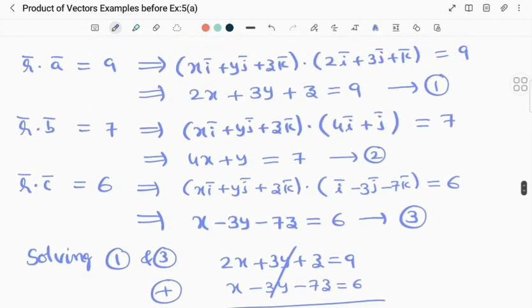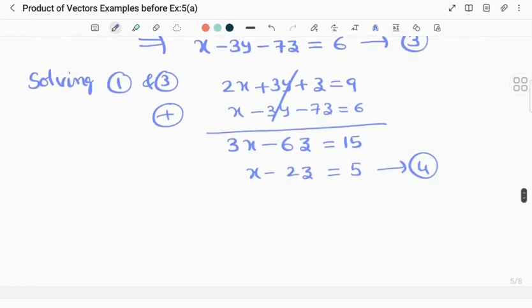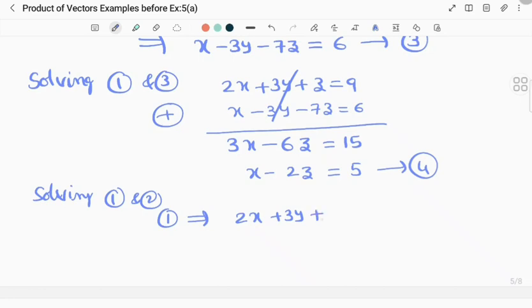So equation 1 and equation 2 if you solve now. So this equation 2 multiplying by 3, then it will come. Equation 1 as it is, 2x plus 3y plus z is equal to 9.